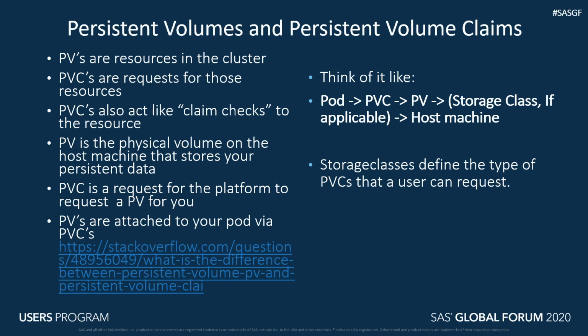Persistent volumes get attached to your pod via the persistent volume claims. So you can think of the chain as a pod having a request, a PVC, to get a certain type of persistent volume. Persistent volumes are then defined by storage classes and exist on some host system. Storage classes help us define the type of PVCs that a user can request.